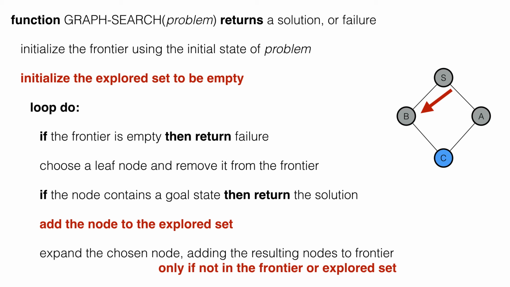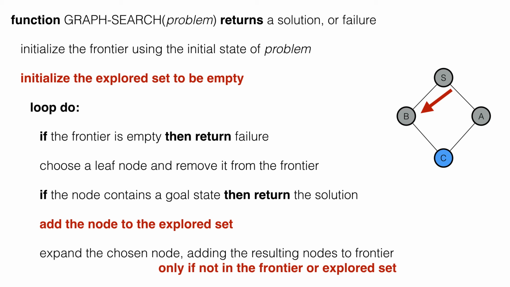So then what you could imagine going wrong is that you then go to node B, expand node B, and discover that C is one of B's neighbors, but you don't add it to the frontier because you say, oh, it's already in the frontier. But the path from S to B to C might be cheaper than the path from S to A to C. So we initially added a more expensive path to C than we have available to us.